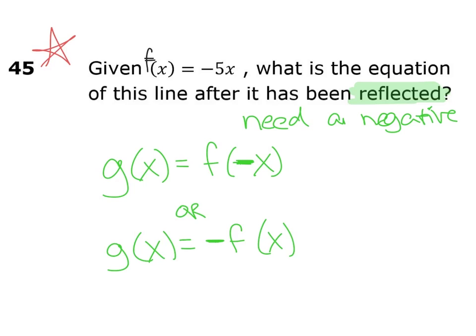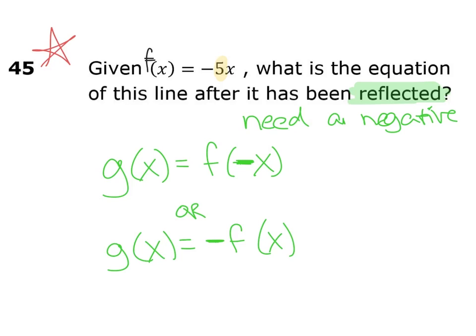The most common mistake that we've been making on previous assessments or practices is that because there's a 5 in the original equation, a lot of people are wanting to put a 5 somewhere inside as part of the answer as well. And that's going to make your answer incorrect.